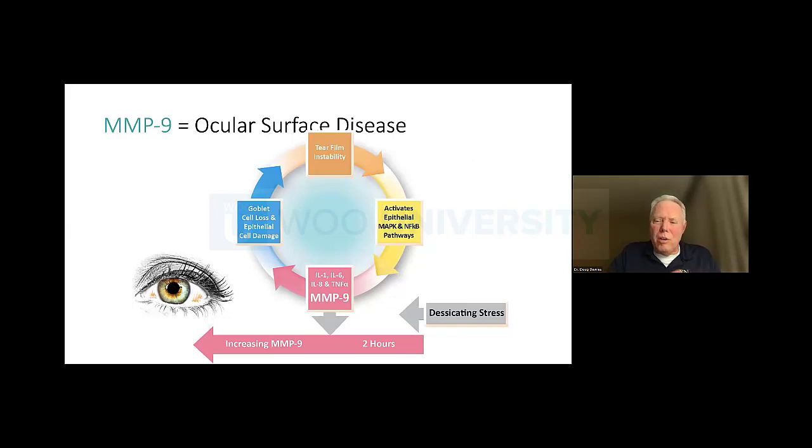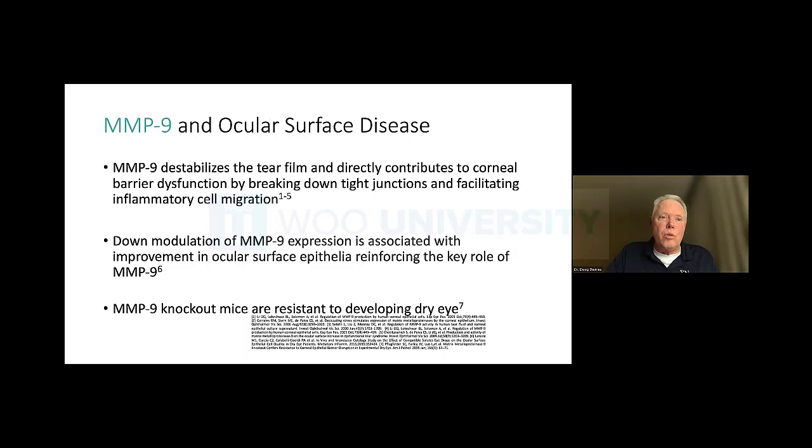And we'll show you how you actually grade that. But what we find is that MMP9 really destabilizes the tear film. And this is what happens with that whole breakdown, that whole increase in osmolarity, the breaking down of the tight junctions. And that is all from inflammatory stress of the matrix metalloproteinases. So if we can actually identify that through our treatment, we're making progress on that.